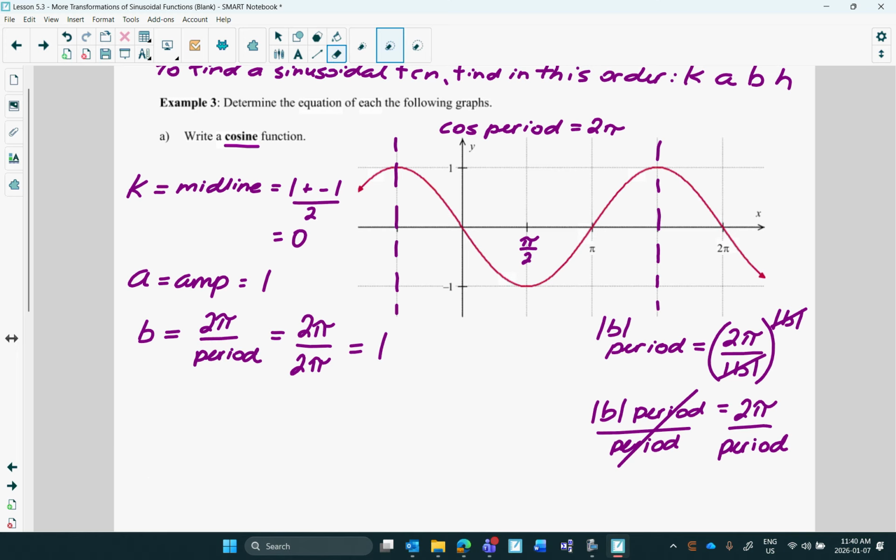Cosine normally starts here, right? On the y-axis, but it didn't start there, it started 1 notch to the left. That means there's a shift. How much did it shift? How much is 1 notch? Pi over 2, and we went to the left, so it's negative.